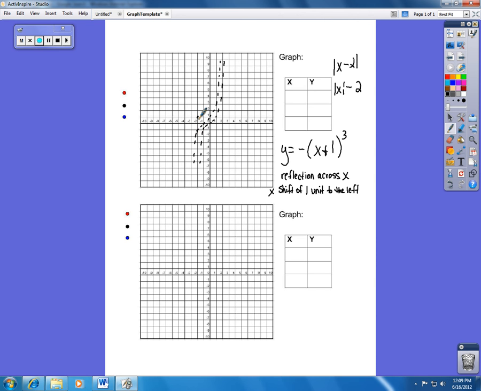This point stays where it is because it's already on the x-axis. And then this point would go down here, and so on and so forth. So now my graph, if I do a couple more, so this point, that's 3 units above, so this would be 3 units below. This one over here, that one is 3 units below, so roughly right there.